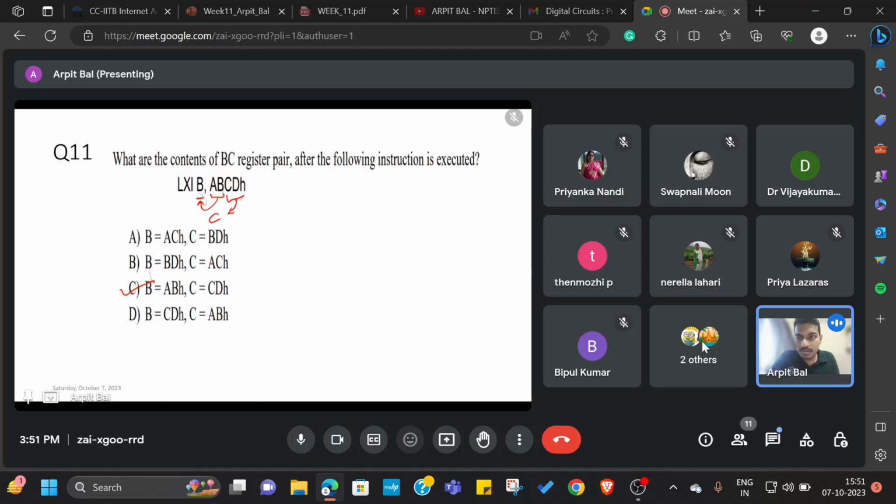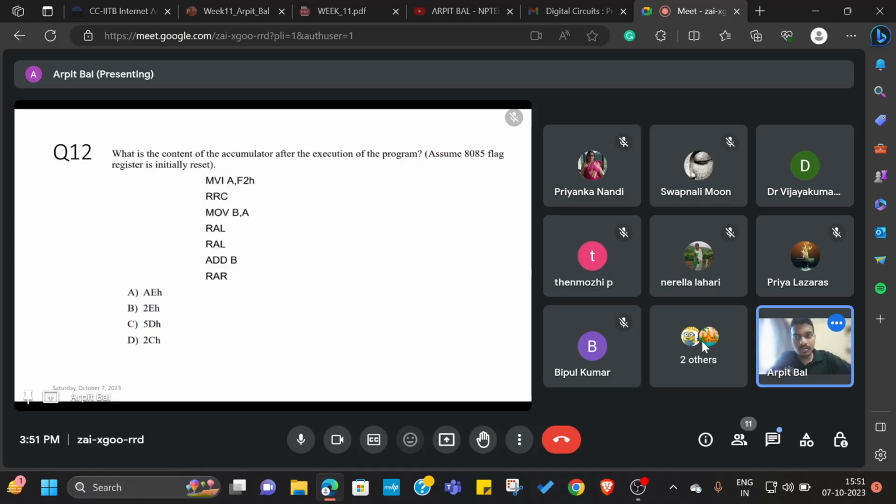The next question is also related to getting the accumulator content. Here we have used some more instructions, that is RRC. RRC stands for rotate accumulator right. Bit 0 goes to bit 7 and carry.